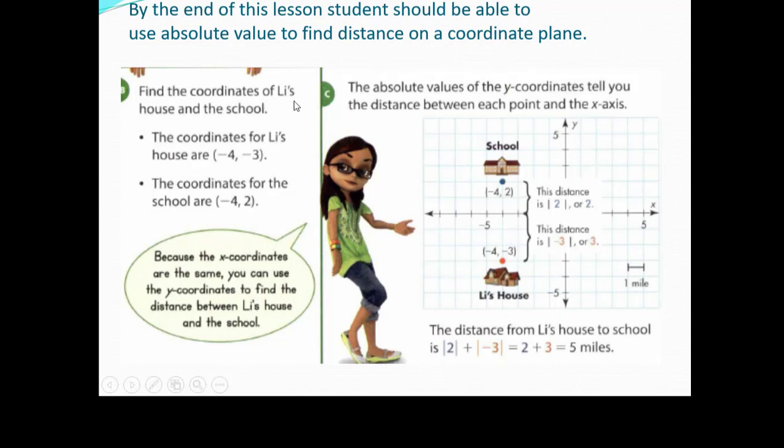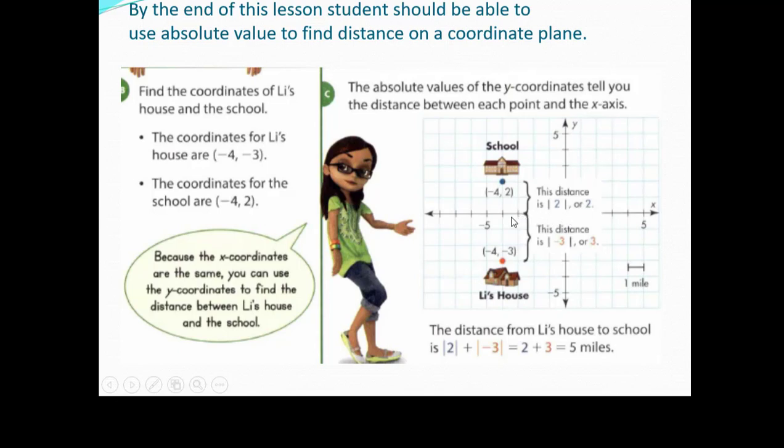Find the coordinates of Liz's house and the school. This is the house, and this is the school. To find Liz's house coordinates, we start from 0.